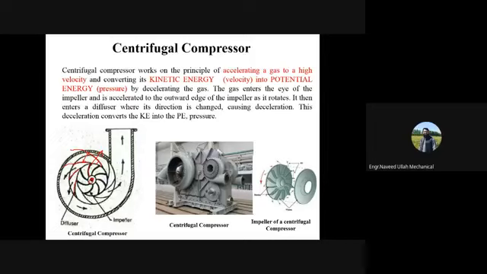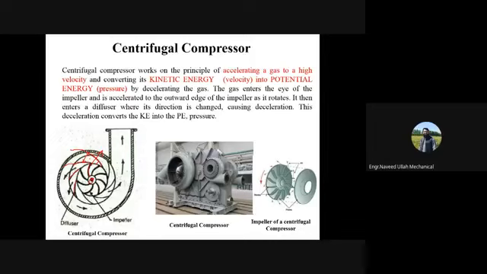So first it is accelerated by the impeller, then decelerated because the direction is changed. You see this portion of the vane is configured so that it has a larger area at the exit, so the pressure is increased, right?